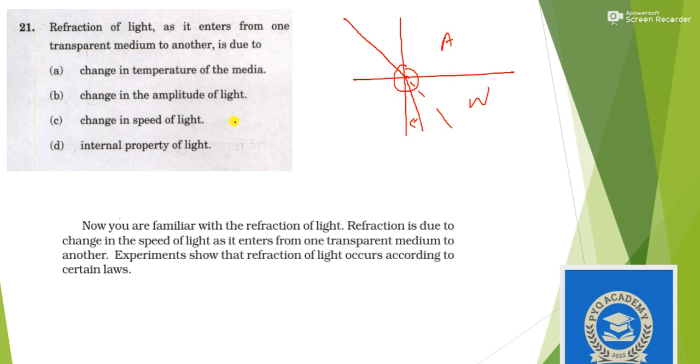The reason is directly given in the NCERT. Refraction is due to changing speed of light as it enters from one transparent medium to another. So not changing temperature, not changing amplitude of light, not the changing internal property. The answer is changing speed of light. So if you are reading NCERT, you can get the answer directly.